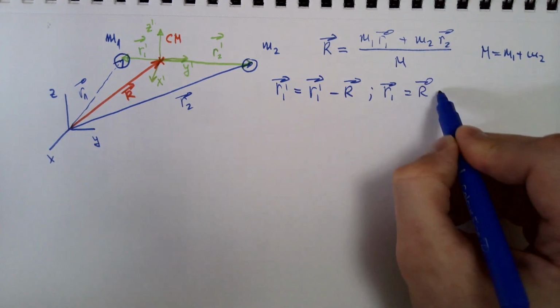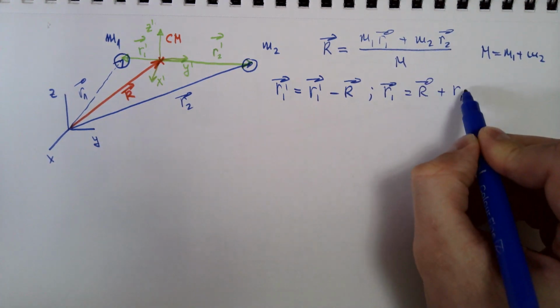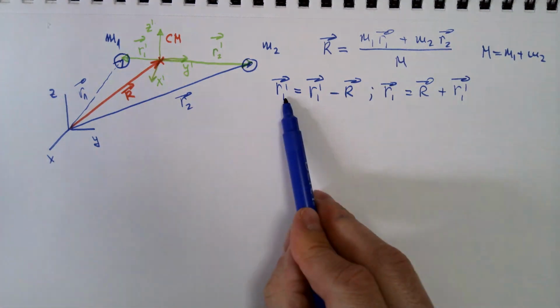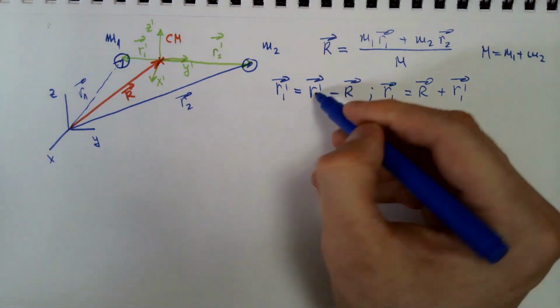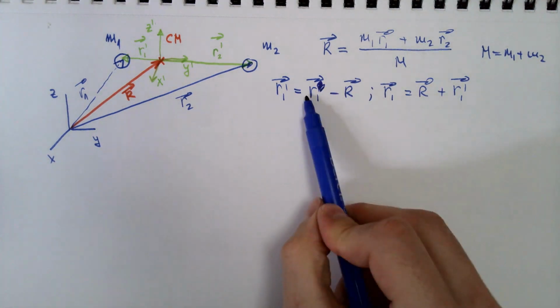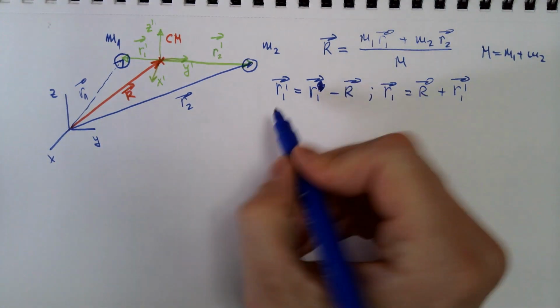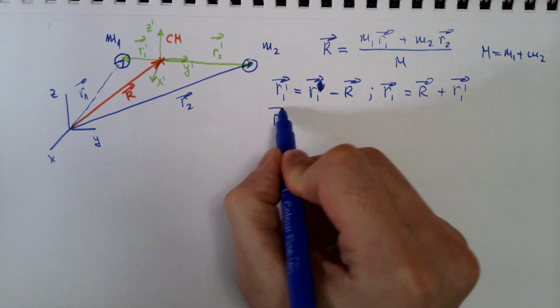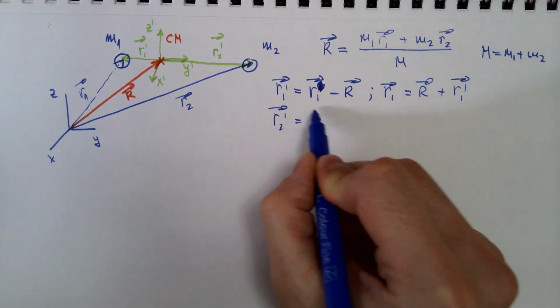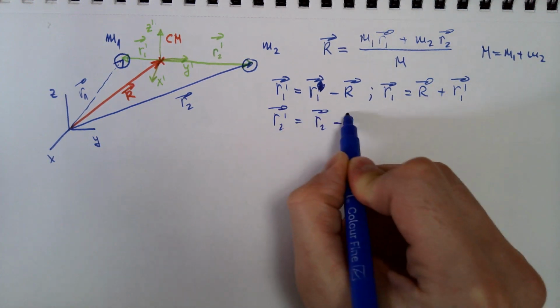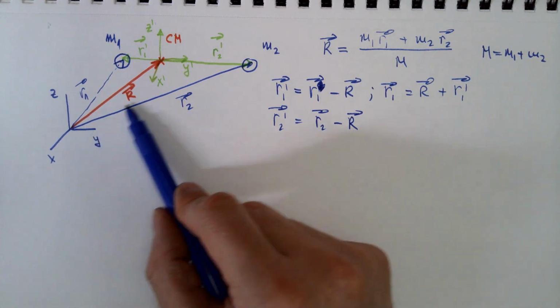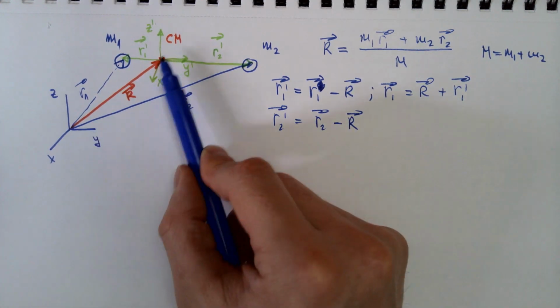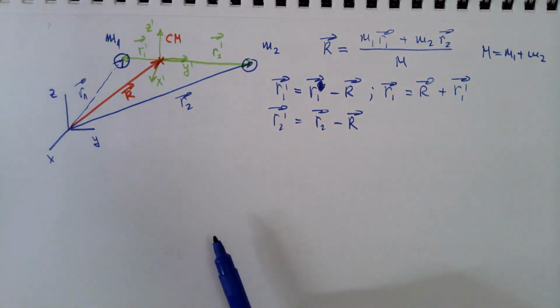So it's capital R plus r1 prime. And therefore r1 prime is r1 minus R. Similarly, r2 prime is r2 minus capital R, because r2 is capital R plus r2 prime.